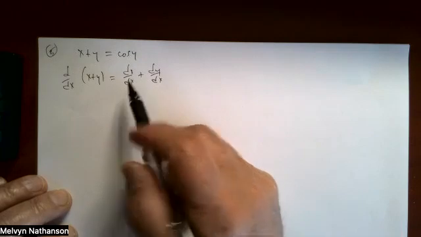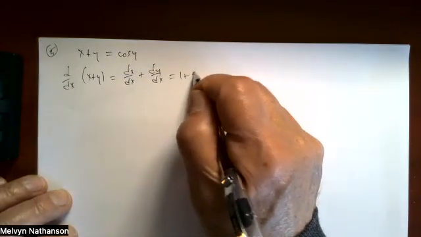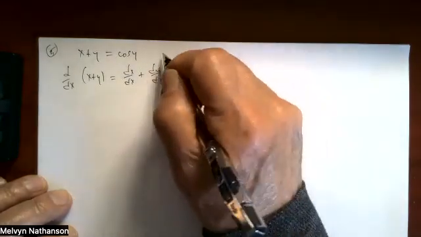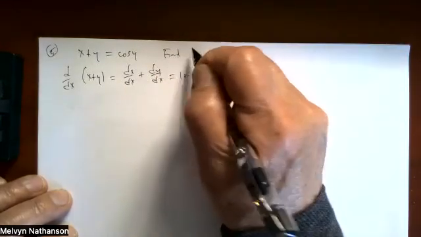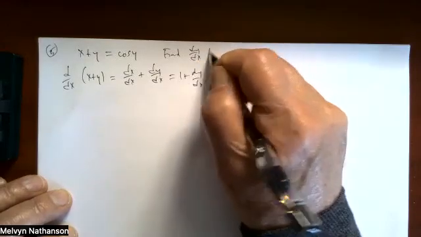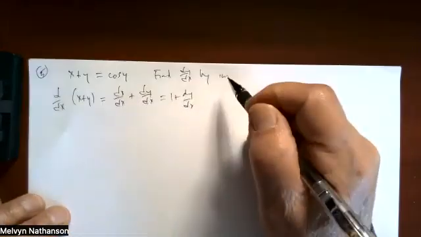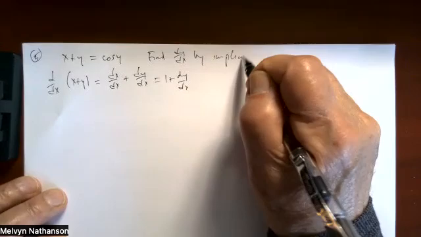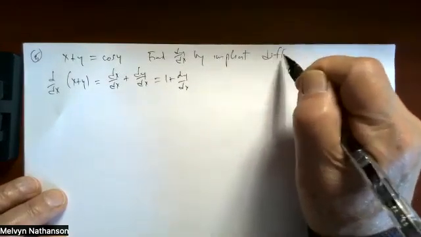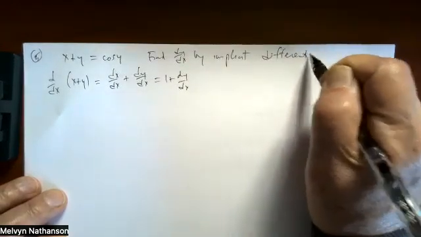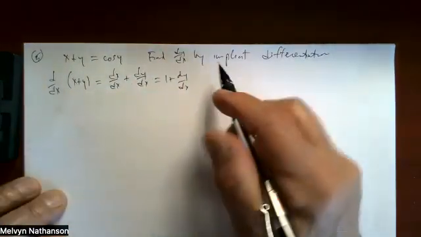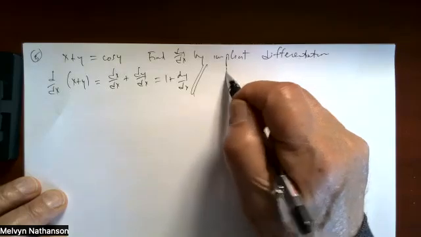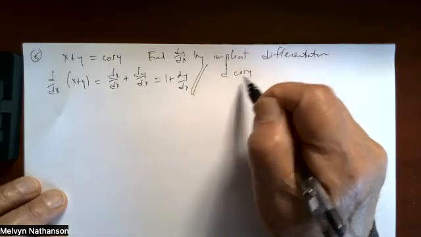The derivative of x with respect to x is 1, plus dy dx. The problem is to find dy dx by implicit differentiation. So this is the left-hand side. The right-hand side is cosine y.